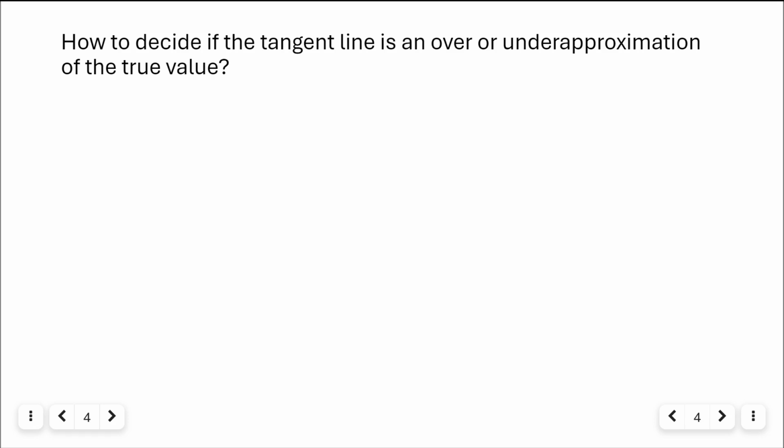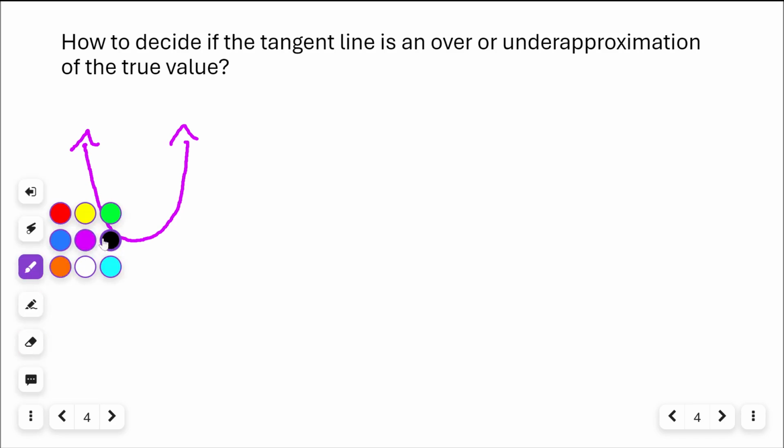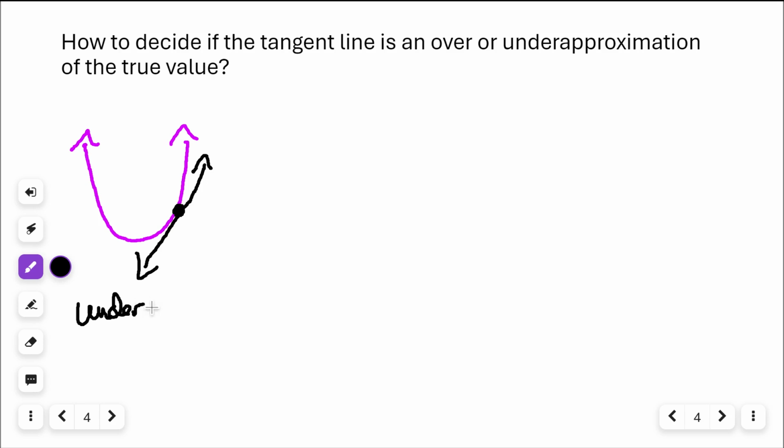And to be honest, it's actually in the definition of a couple of concepts that we talked about a little while ago. If I draw a curve like this, a parabola that opens up, and I draw my tangent line, like I did in the last example, my tangent line is going to be an under approximation here.